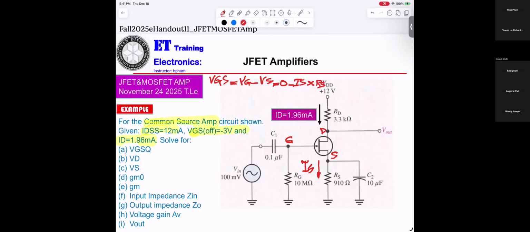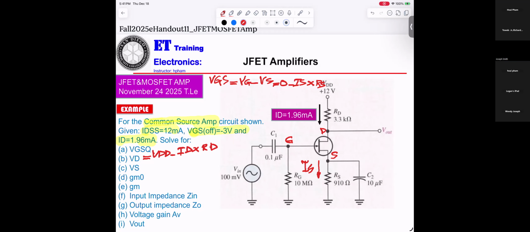Okay? So if you want to calculate the VD, VD equals VDD minus ID times RD. You already know ID, 1.96 milliamp, RD 3.3.